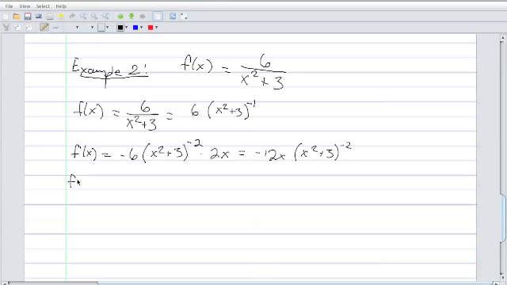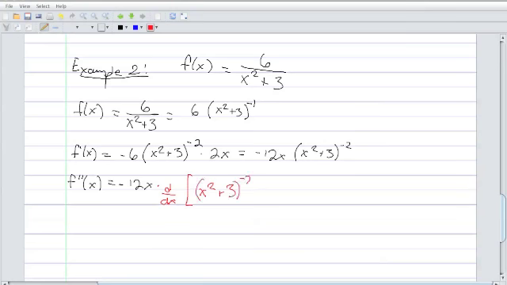So for my f double prime, now if I'm using the product rule, it's going to be this first times the derivative of the second. So it's going to be this negative 12x times the derivative of this x squared plus 3 to the minus 2.